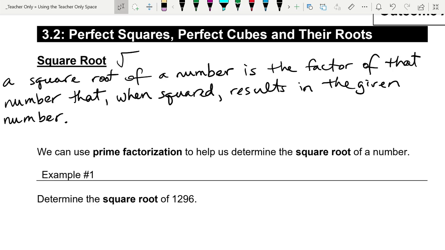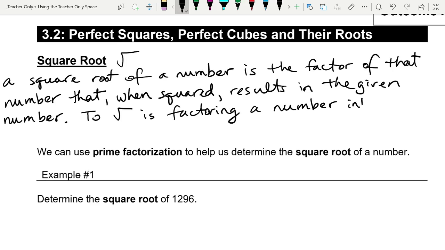So I'm going to say to square root is factoring a number into its principal square root.